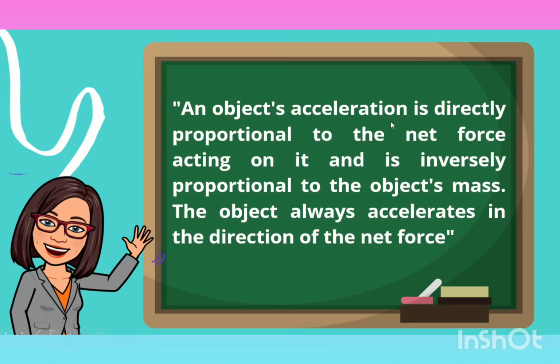But here, in Newton's second law of motion, we have several quantities that we have to consider. That is the net force or the external force that will act on the object and the mass of the object.